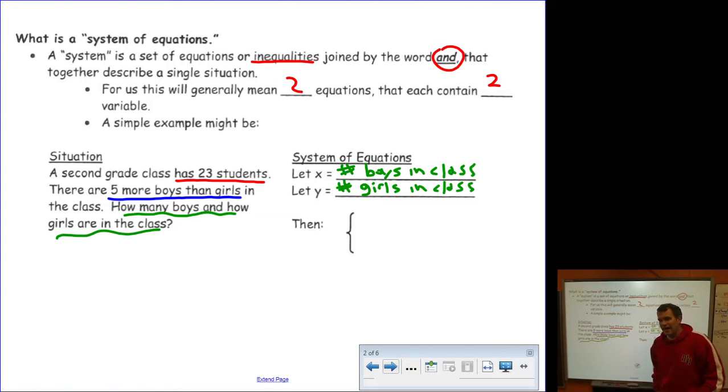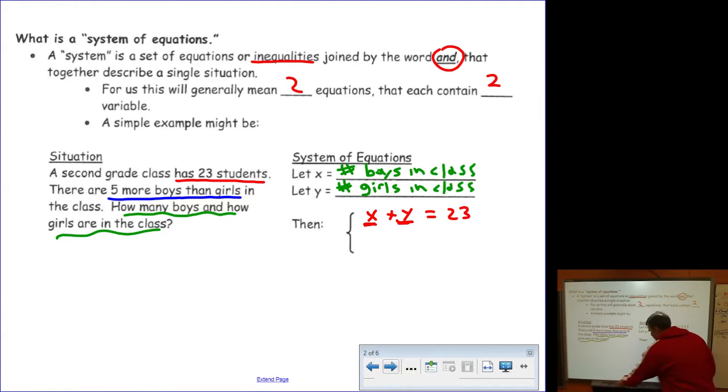And so I have underlined what I believe the two equations might be. The red one is that the class has 23 students. So that would lead me to the equation x plus y is equal to 23. Or the number of boys plus the number of girls equals 23, right?